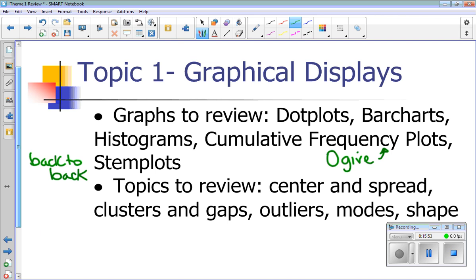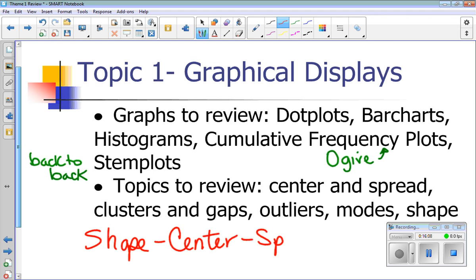What three things should we always be careful of? Shape, center, spread. Okay? So there's definitely something that you should write down and you should remember. Shape, center, and spread are the three big things that we're going to be looking at with graphical displays and comparing distributions.